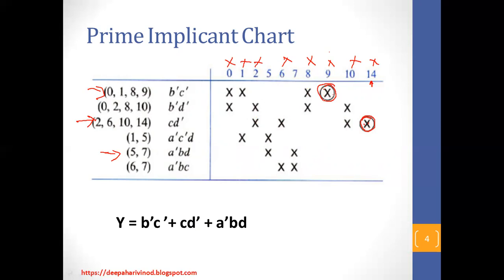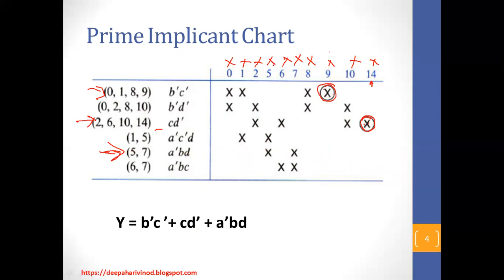Now which is left over here? 5 is left over and 7 is left over. Check it down, 5 and 7. See, this is the best option we have because it covers both 5 and 7. So 5 is covered, 7 is also covered.